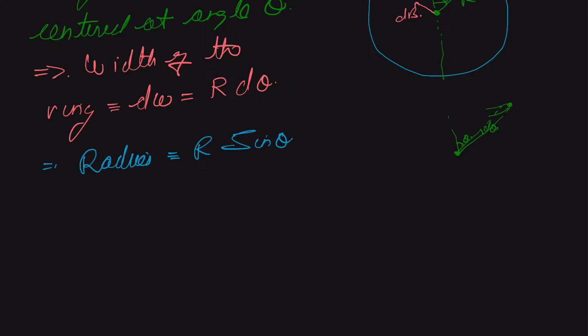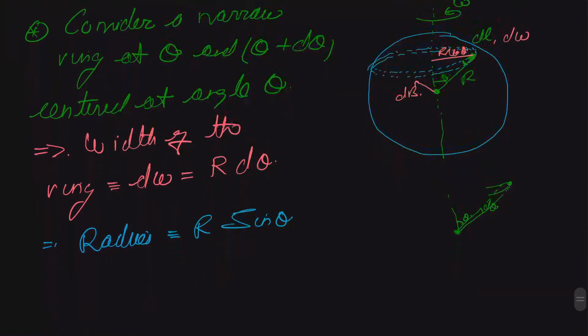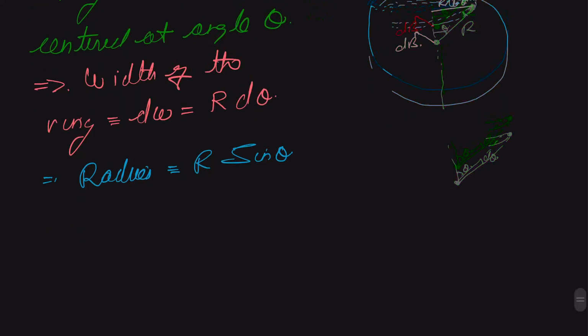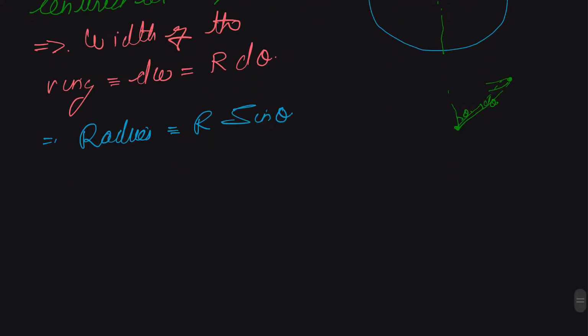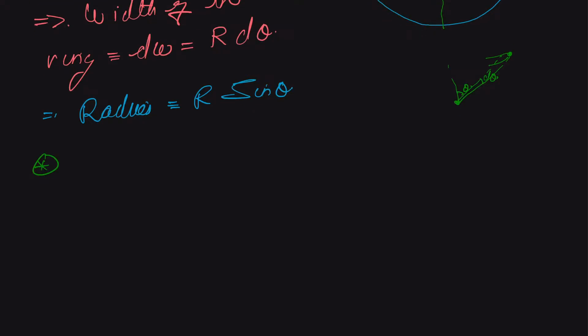And first of all, we have to find out the magnetic field, and for that we are going to find out its area, then we come to the charge, and then we come to our current as well as the magnetic field. So we start from the charge and current of the ring.